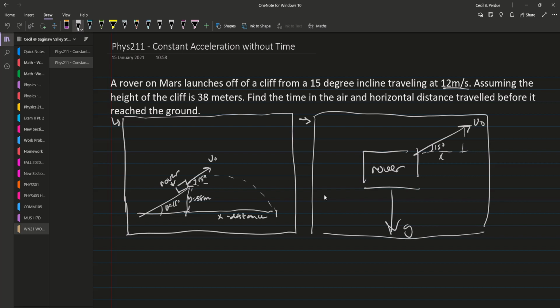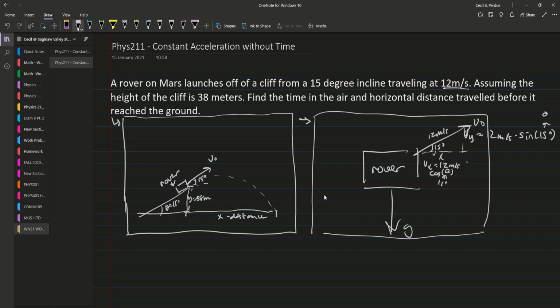So if we want to find the x and the y components of the velocity, then Vx will be equal to 12 meters per second, or V0, multiplied by cosine of theta, which is 15 degrees, and Vy will be equal to 12 meters per second, multiplied by sine of 15 degrees, or theta.